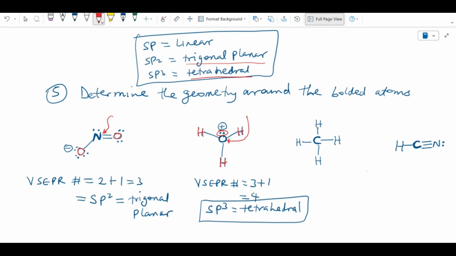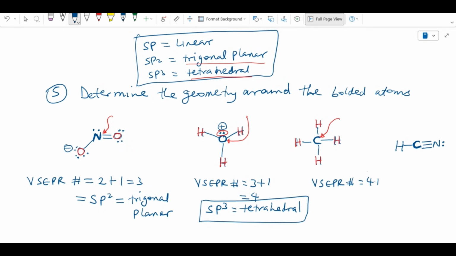The next one was the geometry around that particular carbon in methane. Again, VSEPR number equals the number of atoms attached. In this case, we have 4 atoms attached to the carbon.